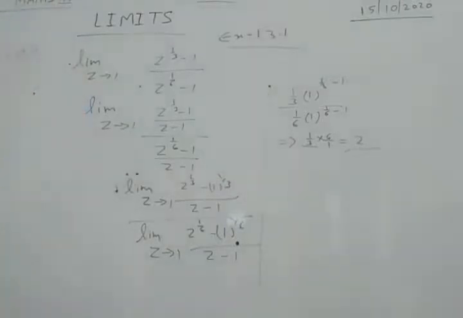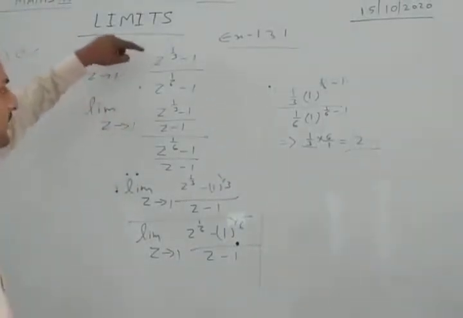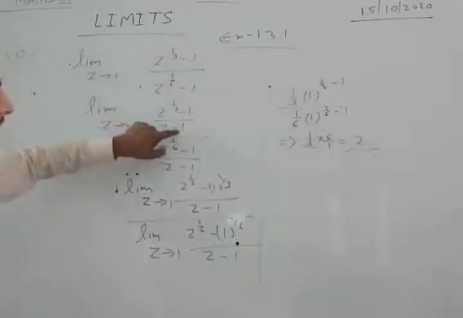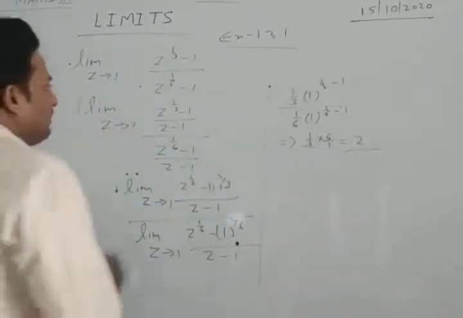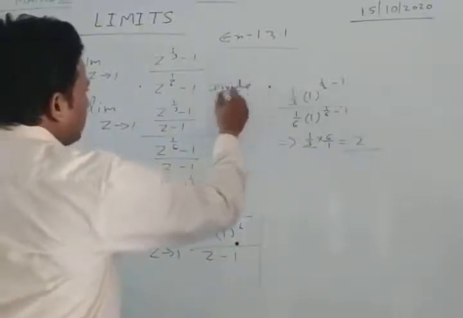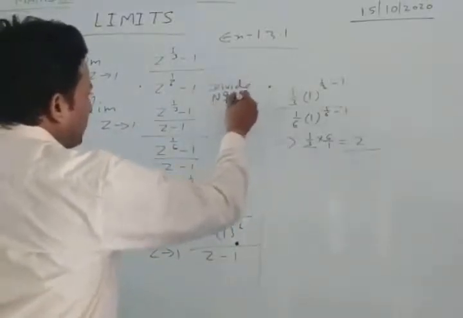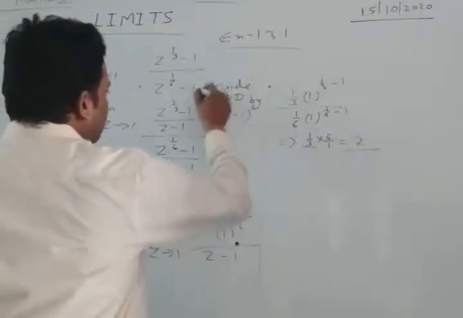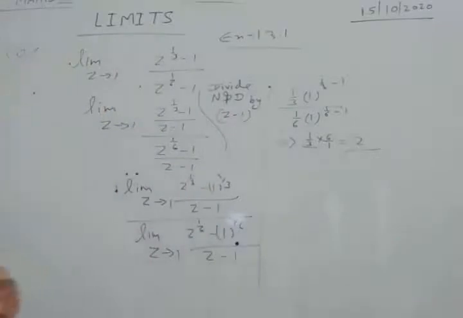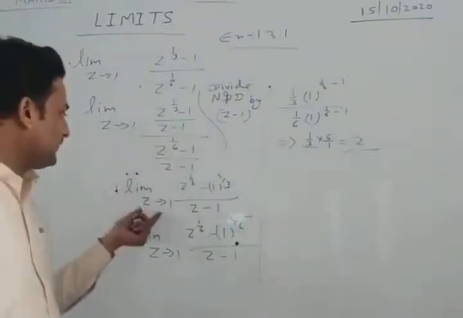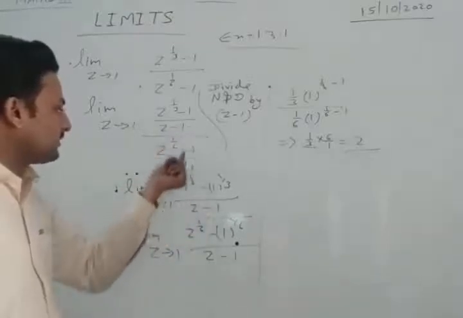What we have done in this question is we have divided the numerator and denominator by z minus 1. Now dividing z minus 1 by z minus 1, we get these terms.